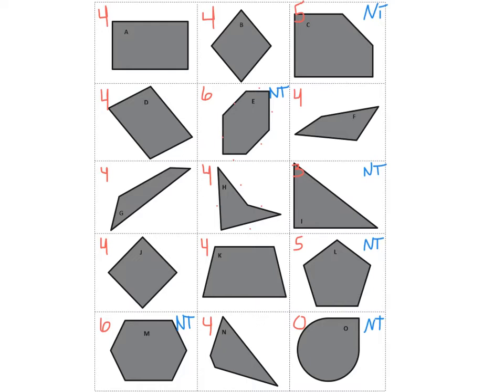So now I'm going to go through my four-sided polygons, and I'm going to identify, do they have parallel lines? If they do, they're trapezoids, so I'm going to put a T in the upper right-hand corner. Please click pause and do so. Now check your polygons with mine.